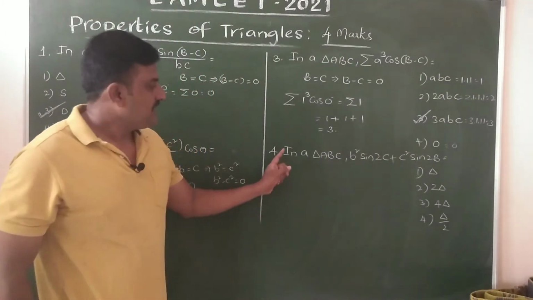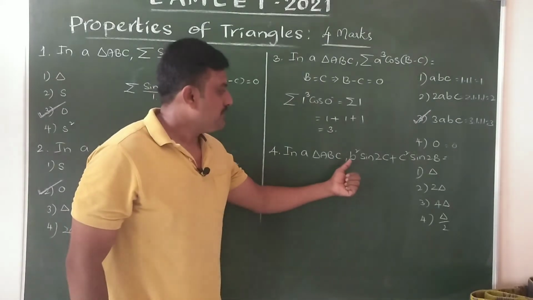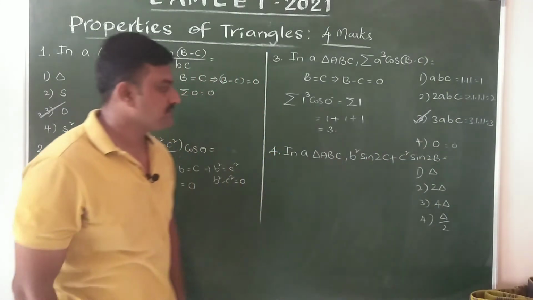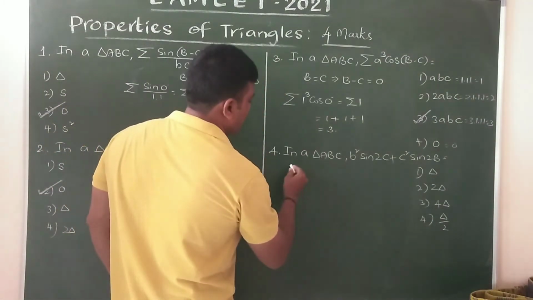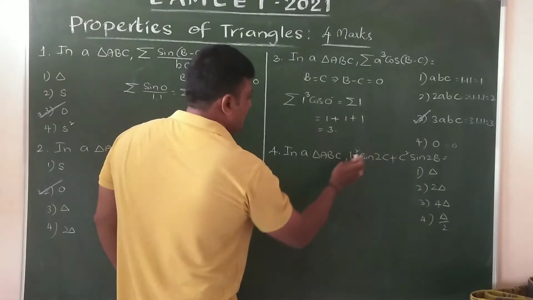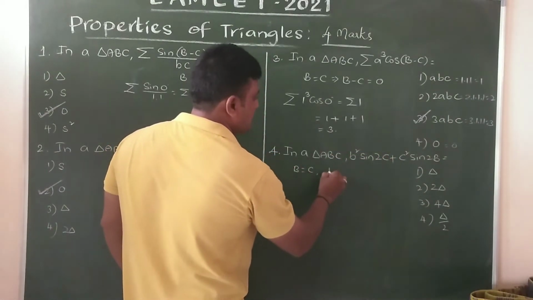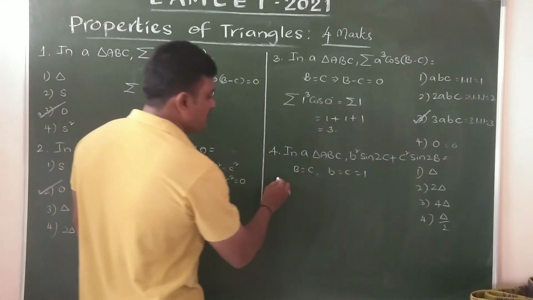Okay. Now the fourth one: in a triangle ABC, b square sin 2c plus c square sin 2b equals what? Let's apply the same approach here. a equals b equals c, and also b equals c equals 1, by the magic triangle.